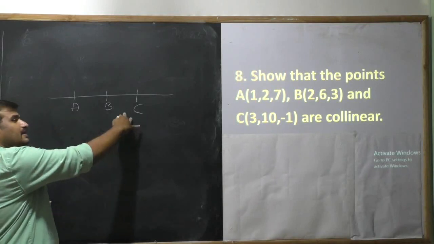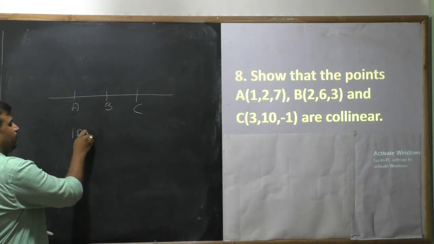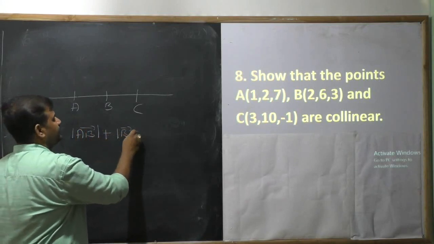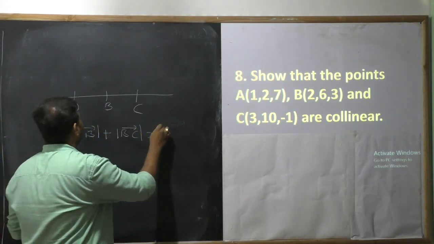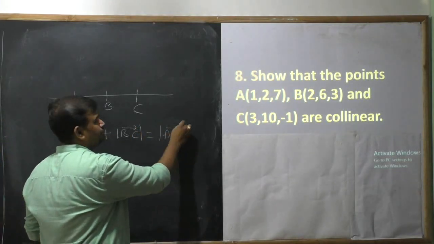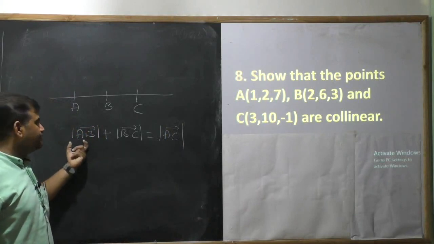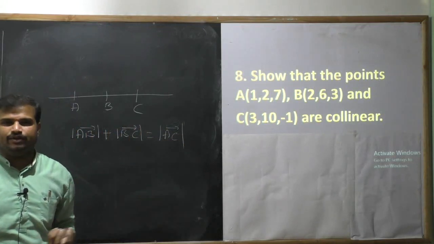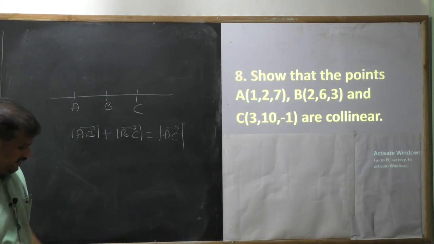If ABC are collinear, the magnitude of vector AB plus magnitude of vector BC is always equal to the magnitude of vector AC, because they are collinear. So if the magnitude of vector AB plus magnitude of vector BC is equal to magnitude of vector AC, then the given points are collinear.